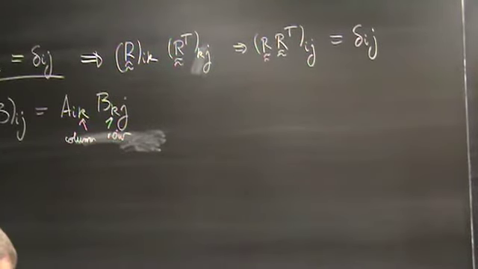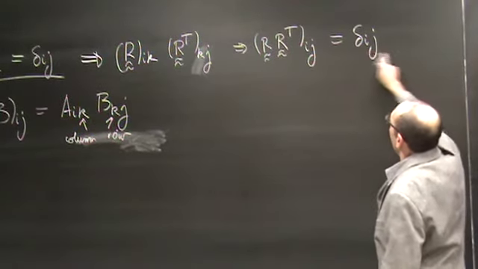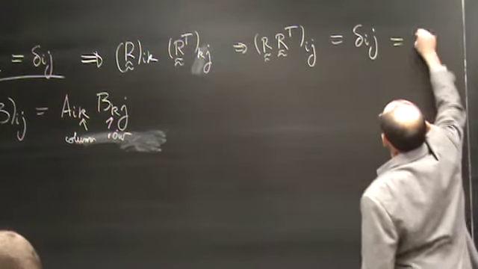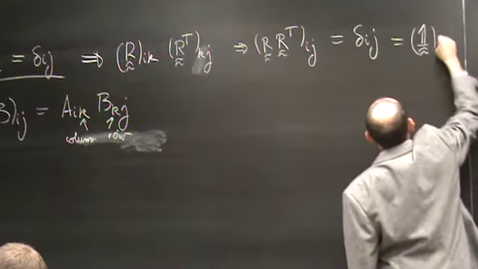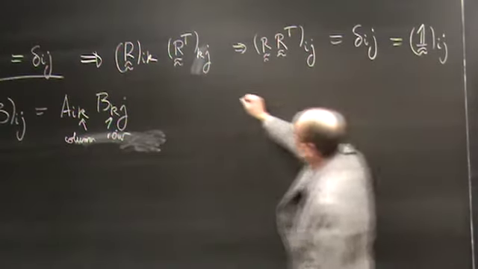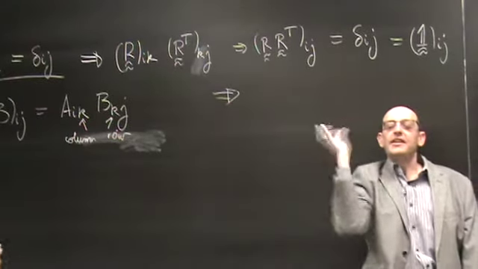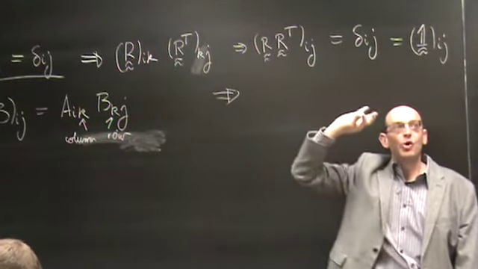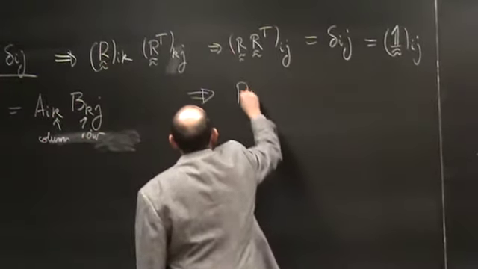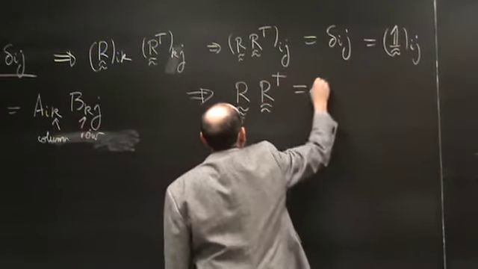So what we learn here, as a matrix, remember the matrix whose elements are 0 unless i equals j is nothing more than the identity matrix. And thus, what we remind ourselves is that a transformation on the space, a change of basis which preserves the inner product, that transformation matrix R must satisfy R times R transpose is equal to the identity.